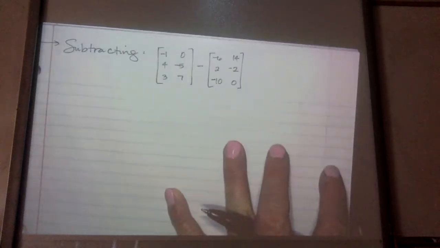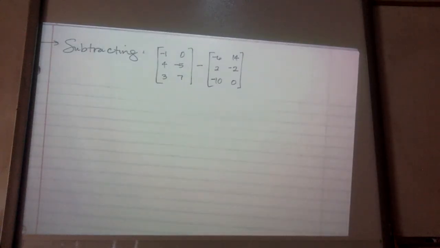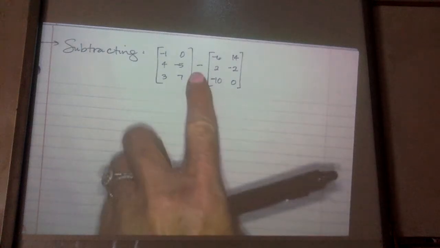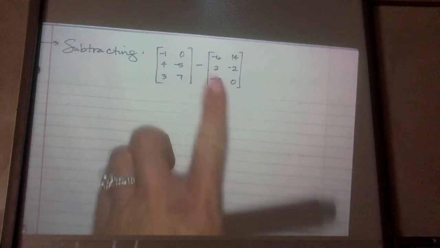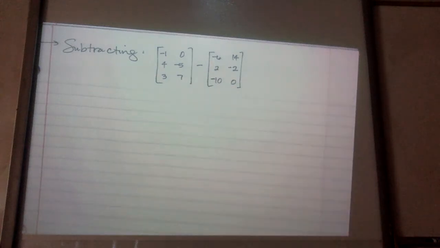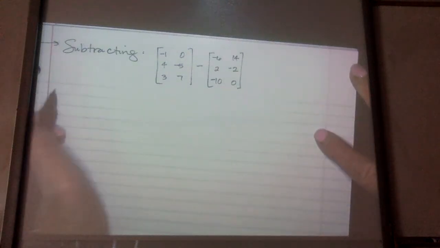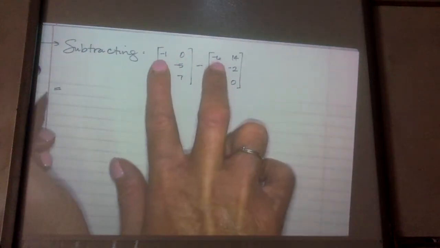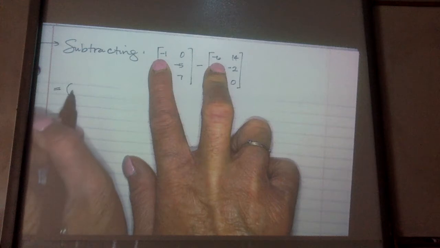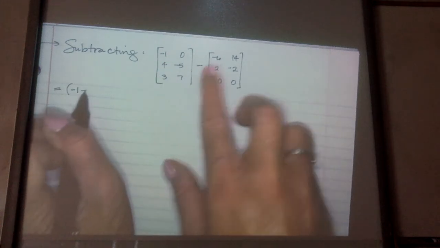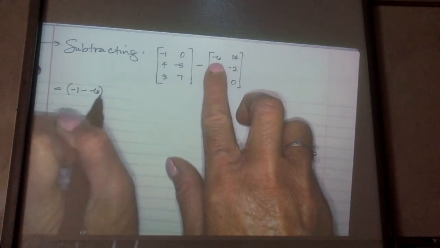So how to subtract? It's very similar to adding. You pick it in the same position. The book goes over, instead of subtracting this, I can add the additive inverse. You can do that. Or you can simply set this up. So that means that I would match positions. So in the first, I have -1 minus a -6, right?